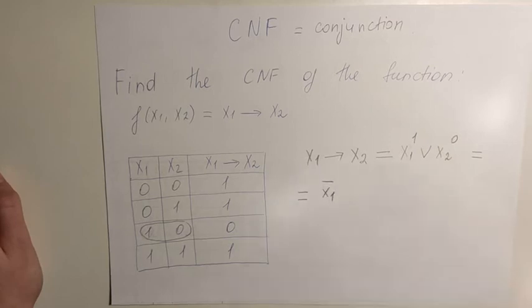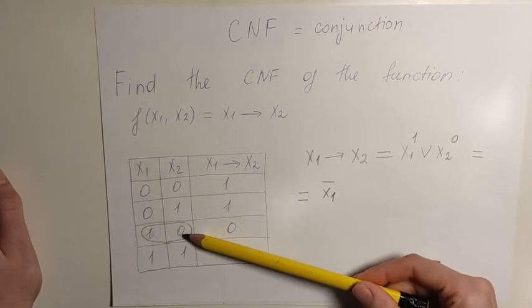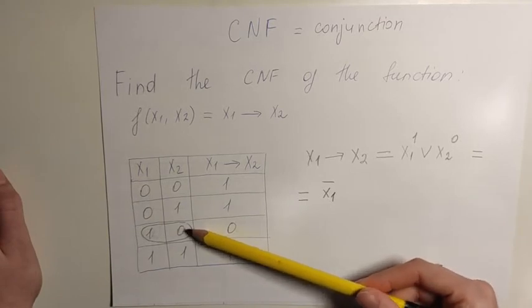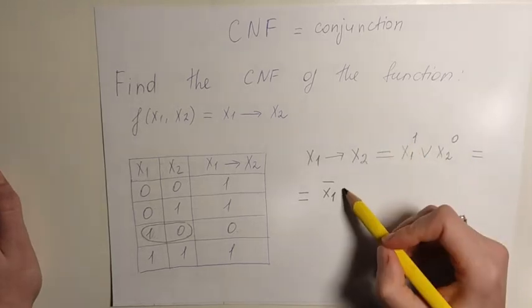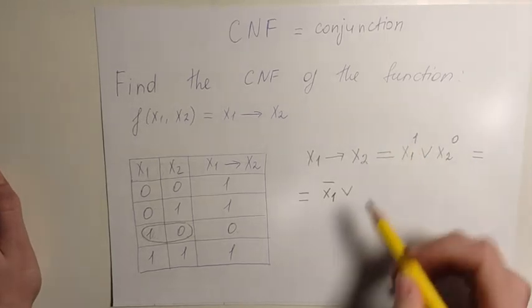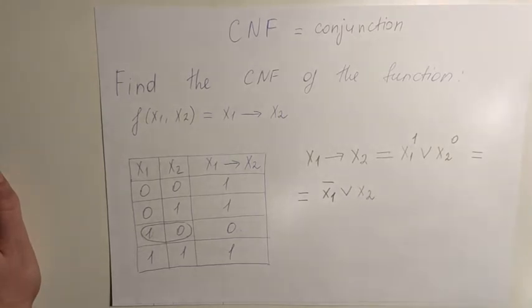But the variable whose truth value is equal to 0 remains the same. So x2 remains the same. Okay, that's all.